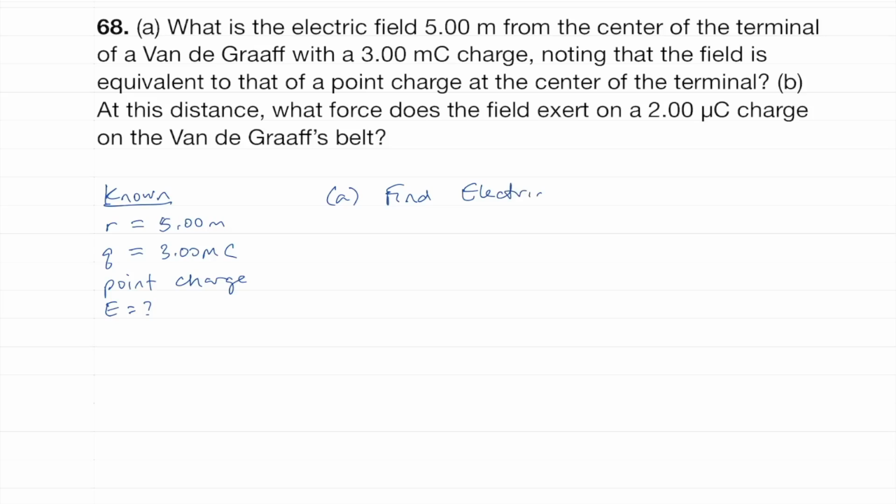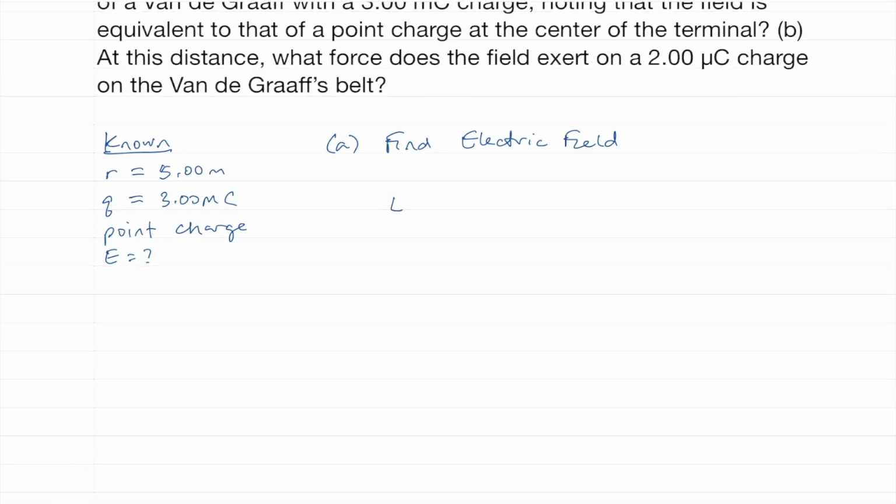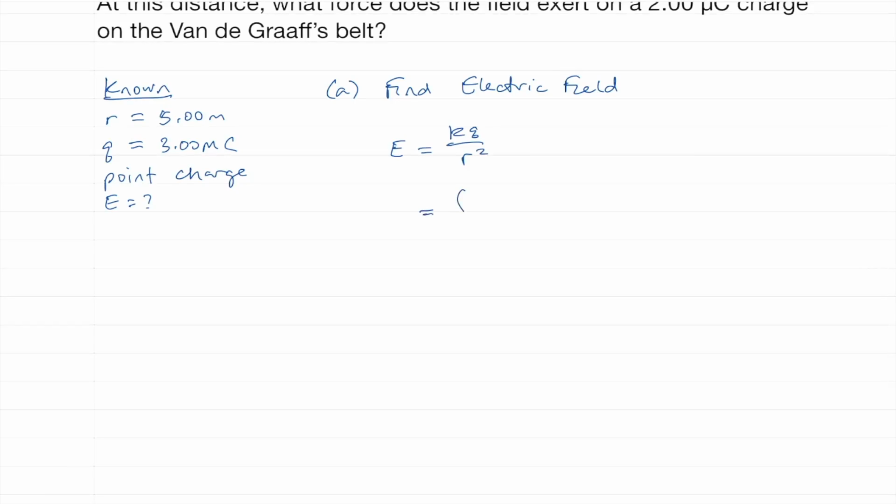Okay, the electric field due to a point charge is kq over r squared. Okay, so K is 8.99 times 10 to the 9 Newton meters squared per coulomb squared.